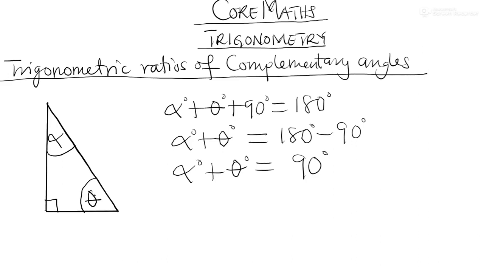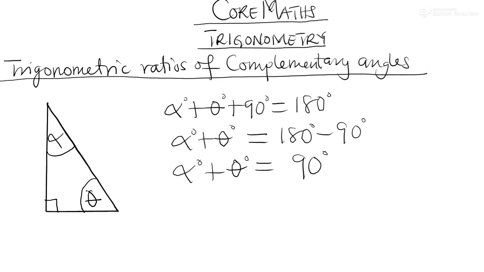I hope you get it. So don't forget that in a right angle triangle, the angle here and the angle here are complementary. So if this one is 60, this one will be 30, because 90 minus 60 will give us 30 degrees. I hope you get it.